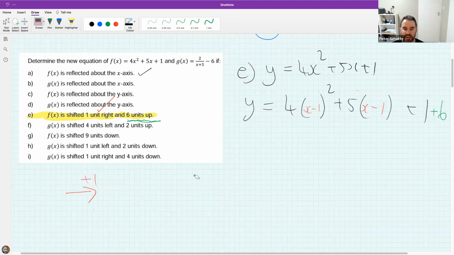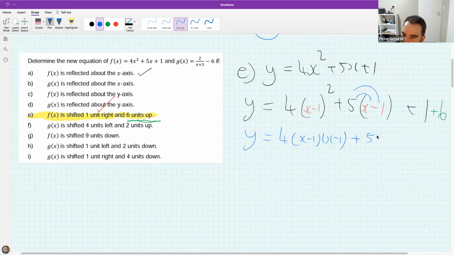And now, if I want to then take both these changes and work with them, what am I going to do? Well, I'm going to have to multiply out, because this is x minus 1 times x minus 1. This bit is a bit easier. So I go 5x minus 6. This is going to be plus 7.